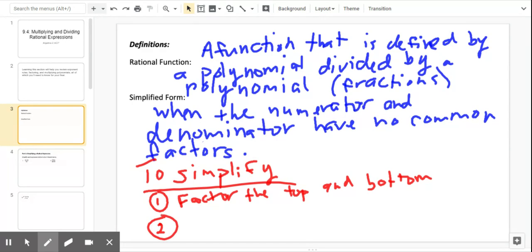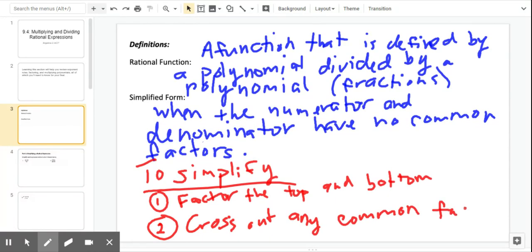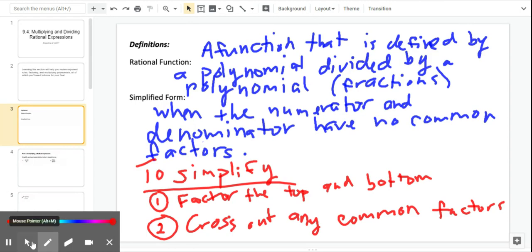And then we're going to cancel out, so you're going to cross out any common factors. Then rewrite your function without those common factors, and that's it.